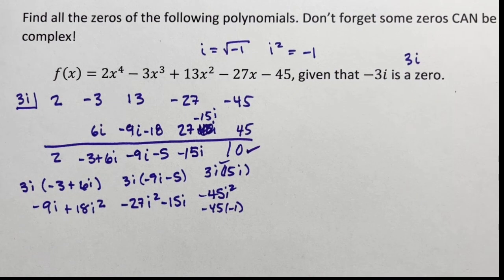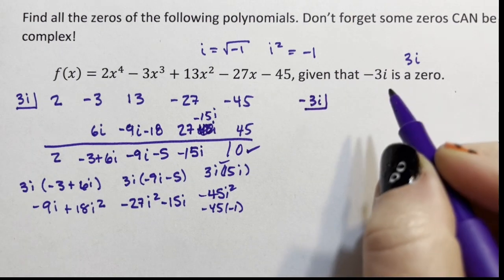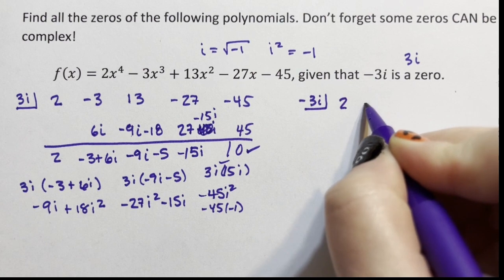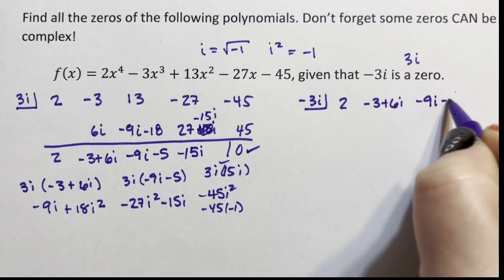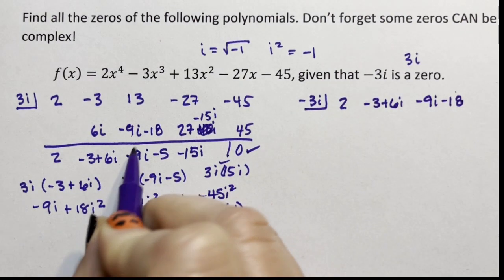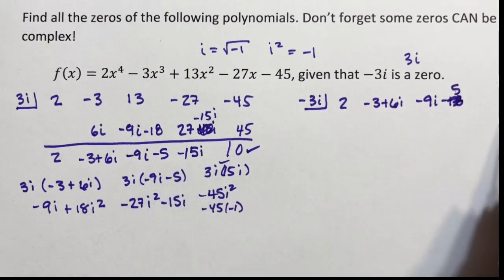So when we factor out the 3i, it is a lot simpler. We're going to use these coefficients. You're like, how is that easier? Trust me. -3 plus 6i, -9i minus 18, -9i minus 5, and -15i.